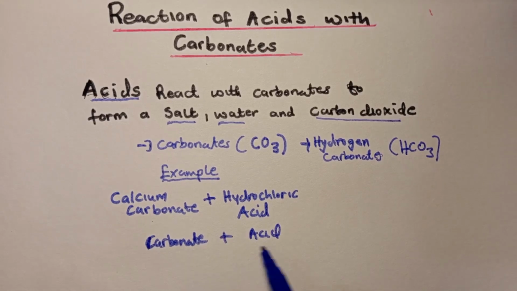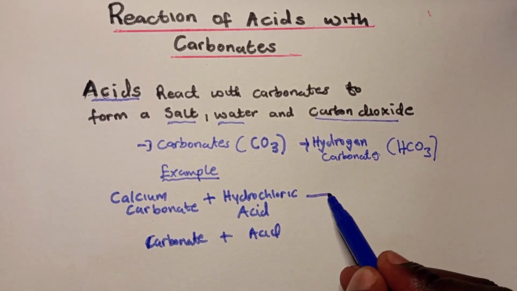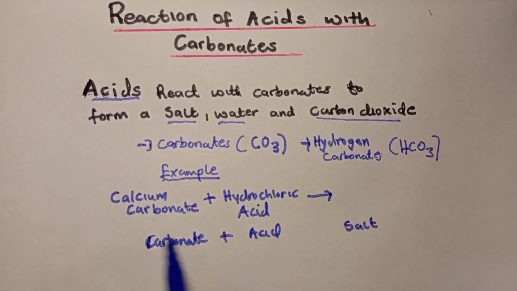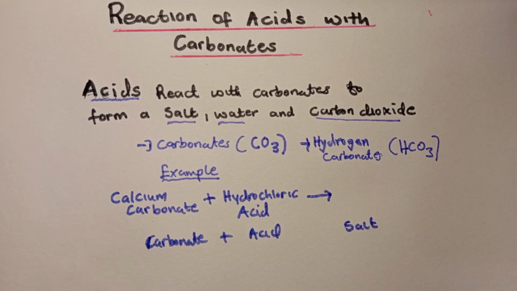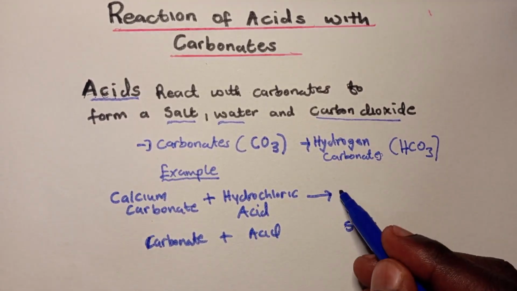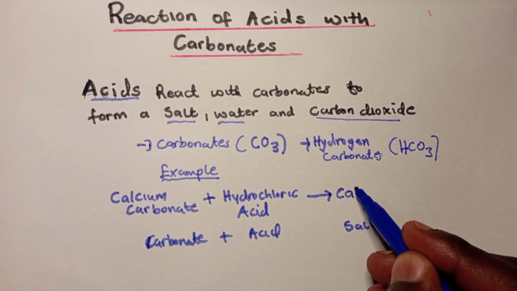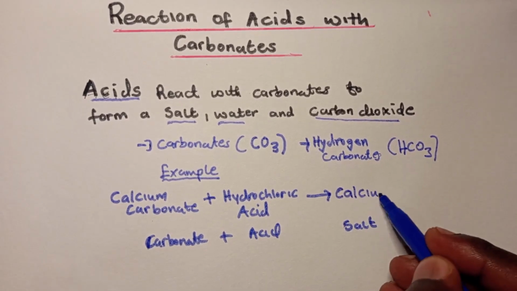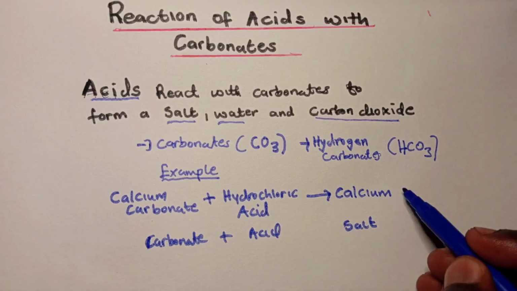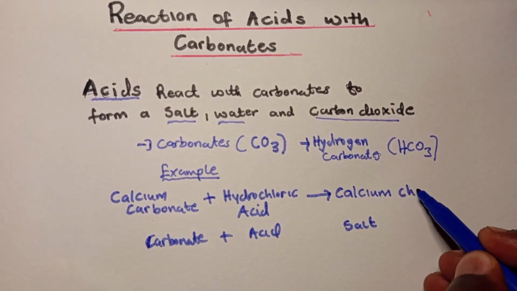A carbonate and an acid, and then you are supposed to get what? We know we need to get a salt. Remember, we did the naming of salts in our previous video. The salt's name gets its first name from the metal, so you're going to get calcium. Then what will be the surname of the salt? It comes from the acid. If it's hydrochloric acid, it carries the name chloride.